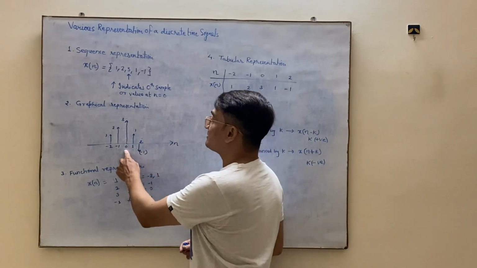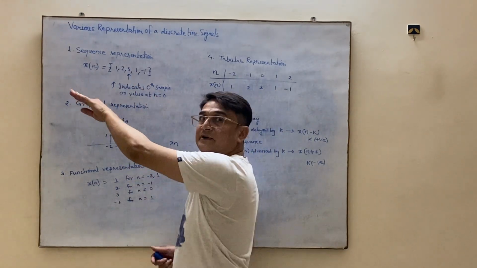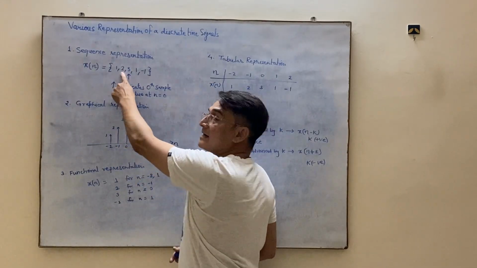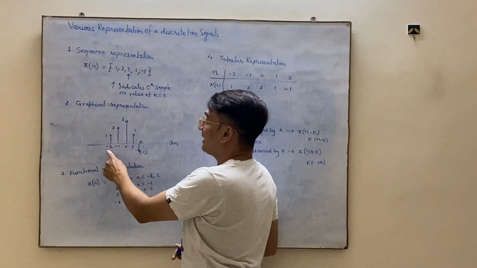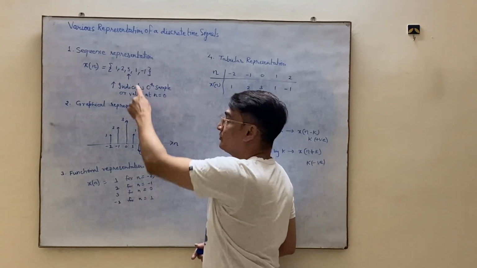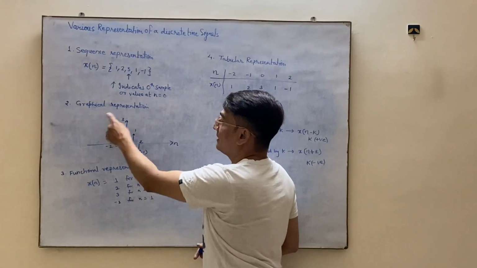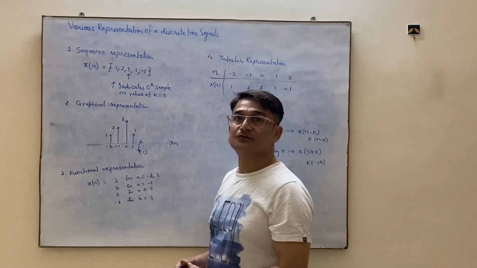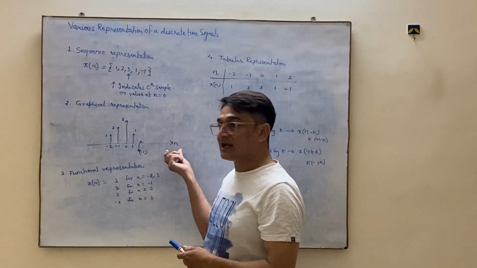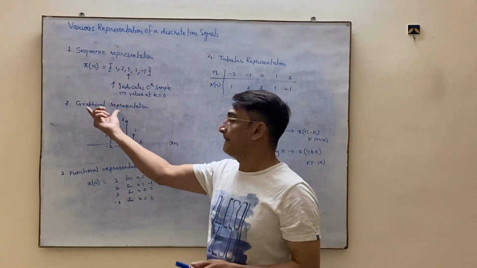So at n equal to 0, the sample has amplitude 3, and then at minus 1 the sample has amplitude 2, at minus 2 the sample has value 1, at n equal to 1 it is 1, and at n equal to 2 it is minus 1. This type of representation is known as graphical representation, in which on the x-axis you have n, and on the y-axis you have x of n.